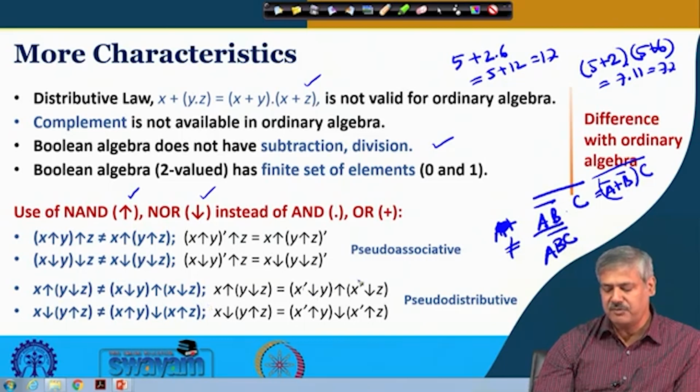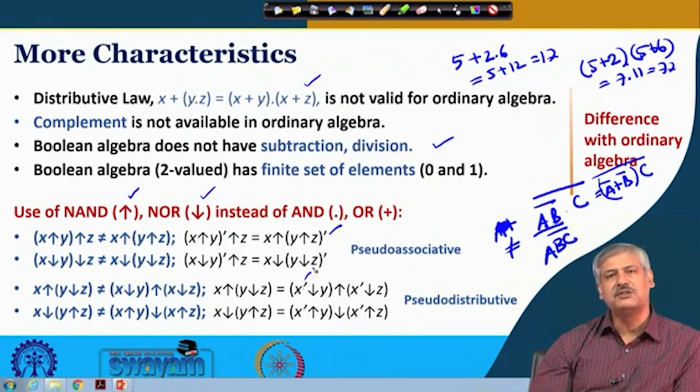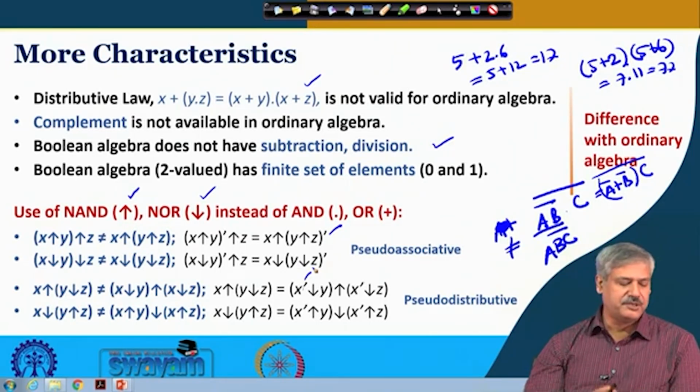So, this prime operation, the complement operation, comes here as well as here. That is why it is called pseudo associative or pseudo distributive. And we cannot use it in place of AND and OR operators in Boolean algebra.